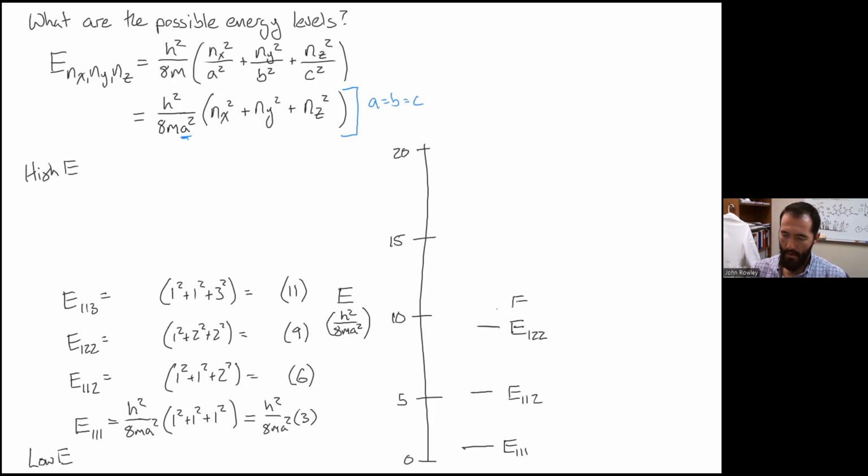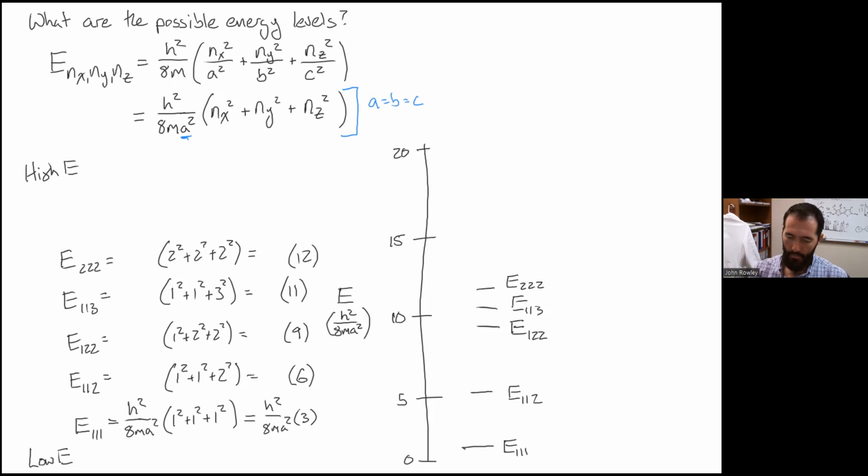That's our E113 level. The next highest energy would be E222. That would be 2 squared plus 2 squared plus 2 squared, to give us a total energy of 12 times h squared divided by 8ma squared. That's our E222 level.